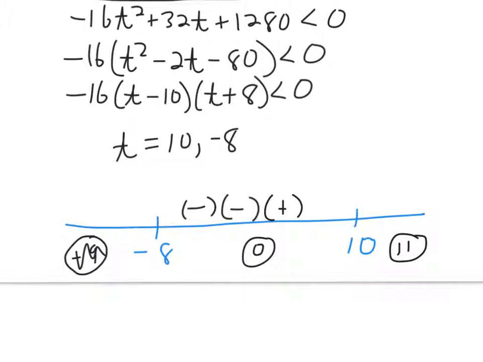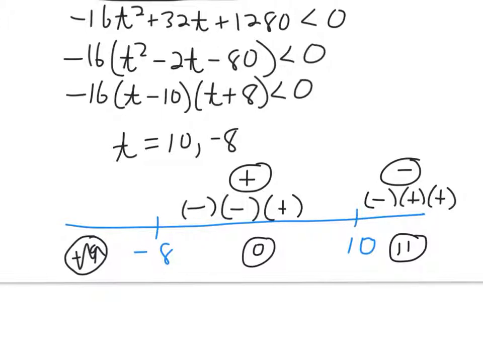And the final answer for that will be positive, because the two negatives will cancel each other out. Then for 11, we still have the negative 16 again, so that's negative. And then 11 minus 10, that's positive, and then 11 plus 8, which is 19, which is positive. That'll come out to be a negative answer.